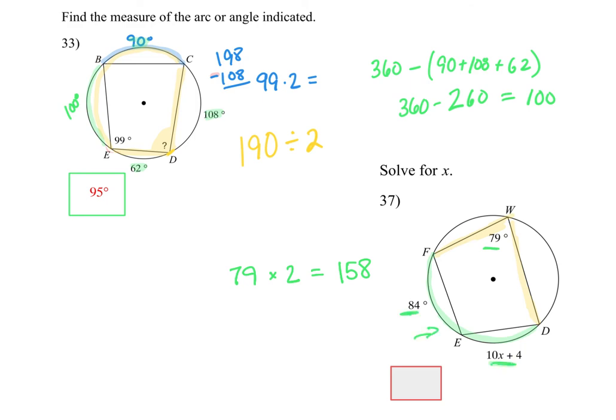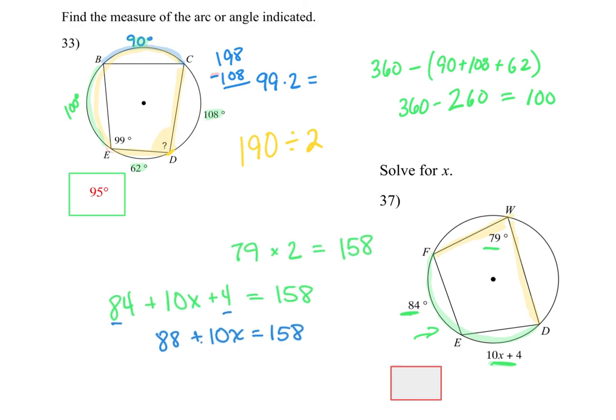I have these two pieces that should make up that arc. So 84 plus the 10x plus 4 should equal the 158. I have a basic algebra equation here. Add my two pieces. All right. Then I'm going to subtract, right, and solve.